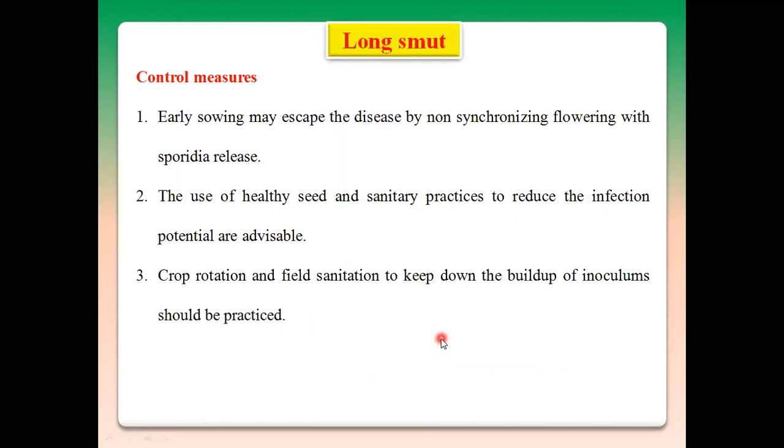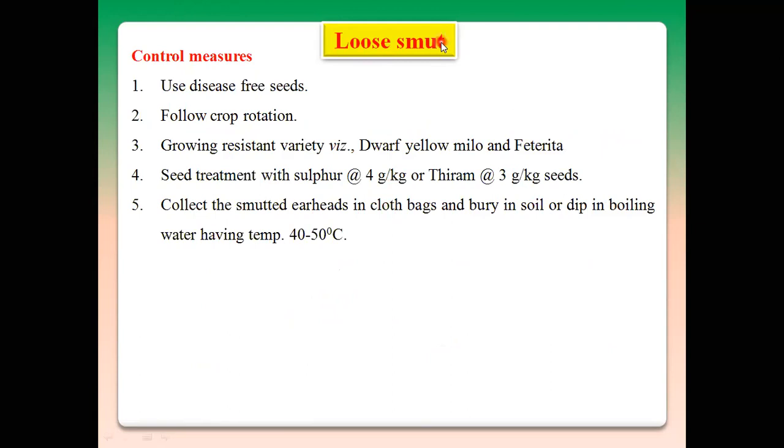Okay. Then regarding the long smut, early sowing of the jowar seeds may escape the disease by non-synchronizing the flowering with the sporidia release. Then the other practices are the same as for the grain smut disease. Then for loose smut, the management is also the same, already told to you.